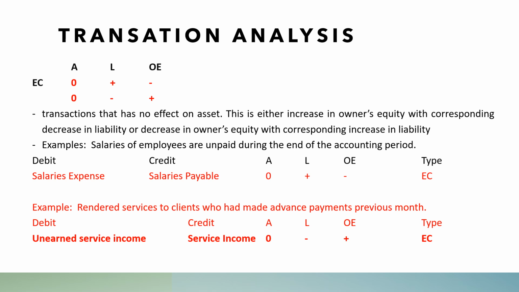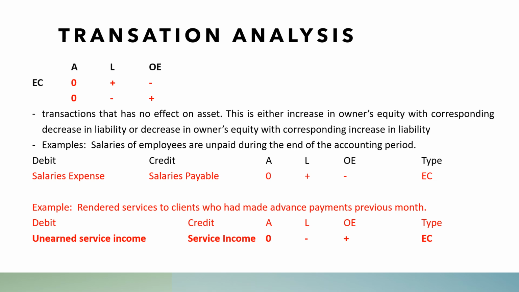To give an example, we have salaries of employees that are unpaid at the end of the accounting period. Since the employees have rendered their services to the company, the company has incurred the salaries expense. To increase salaries expense is to place it on the debit side.